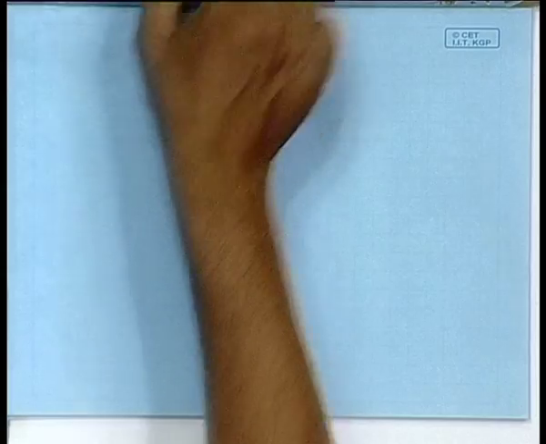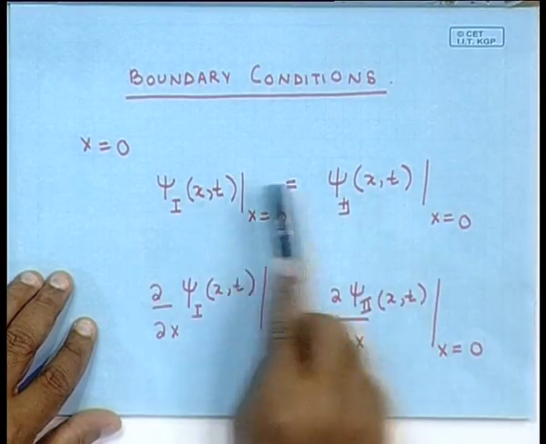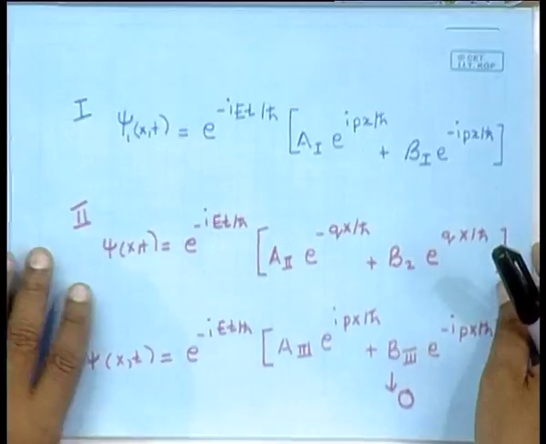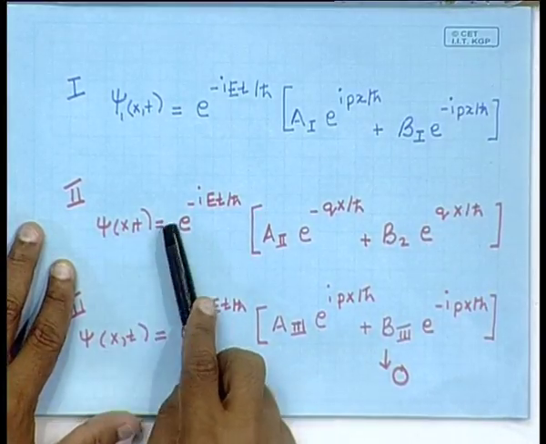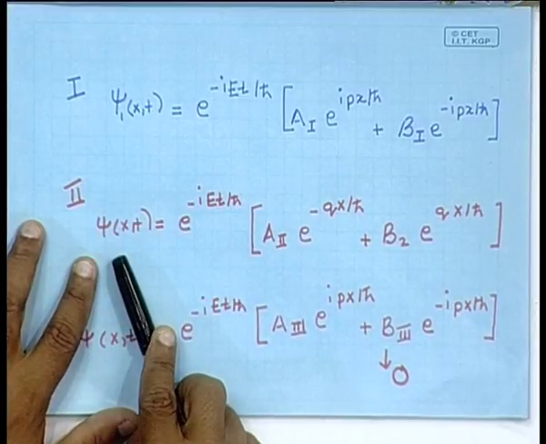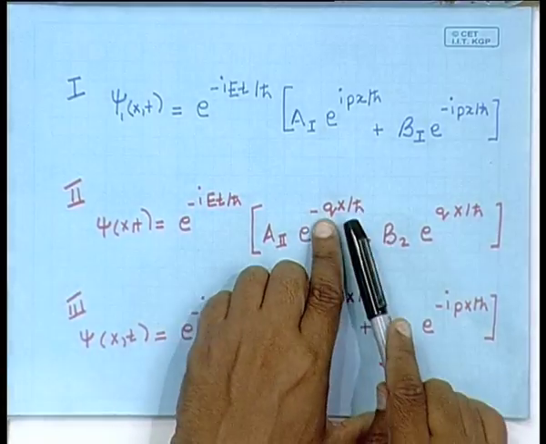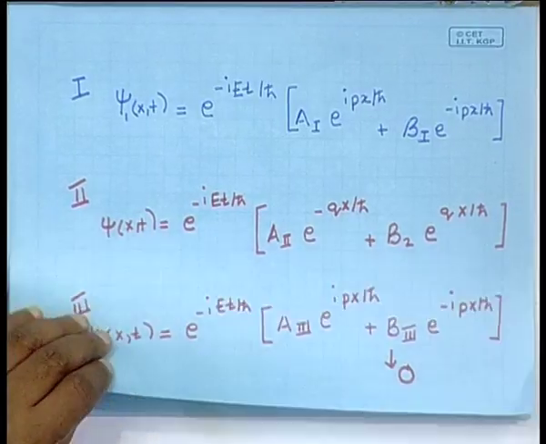So, at this boundary we will now apply the first boundary condition, the fact that the wave function should be continuous. At x equal to a, what is the value of psi 2 at x equal to a? We have to set x equal to a here. So, let me write it down.